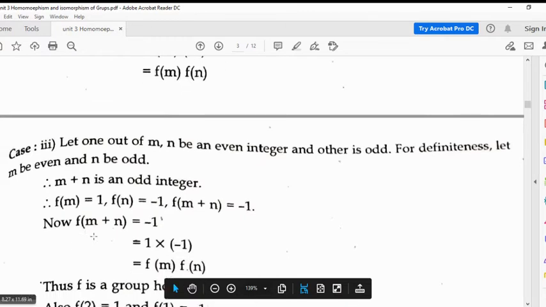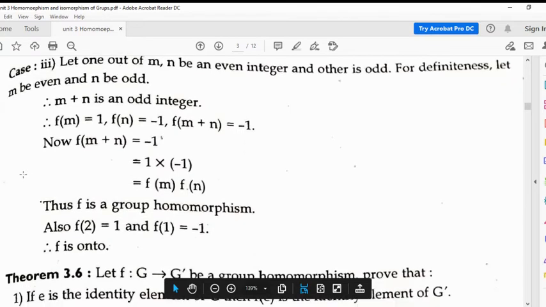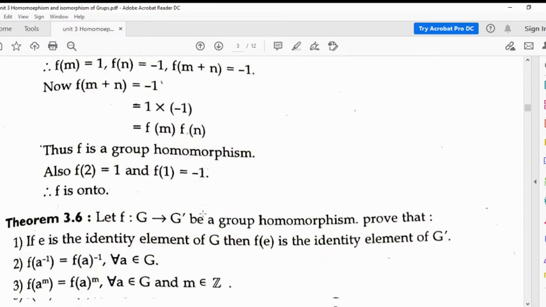So consider f of m plus n is equal to -1. -1 can be written as 1 into -1. This 1 is nothing but f of m, and this -1 is nothing but f of n. So in both cases, f of m plus n is equal to f of m into f of n. So f is a group homomorphism.